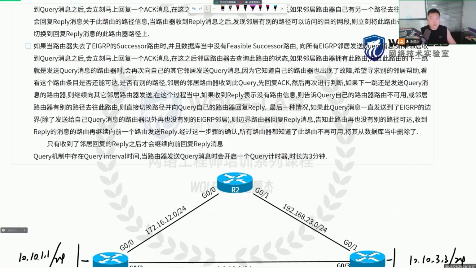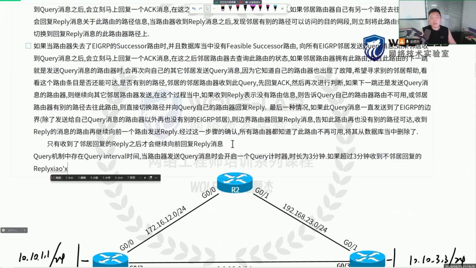Classmates, when our R1 sends a query, it will immediately start a timer. The duration is 3 minutes. So if, for example, the link between R7 and R8 fails, R7 cannot receive R8's reply.